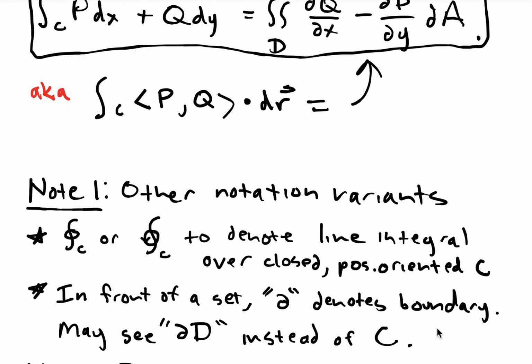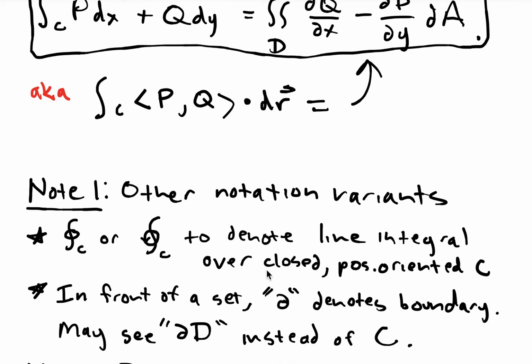Since in this theorem I noted that C is the curve and C encloses this two-dimensional region D, an alternate way to represent that is to look at the boundary of that 2D region D, which is a curve. So some sources, instead of calling these C and D, might call this the boundary of D and D, and it really means the same thing.